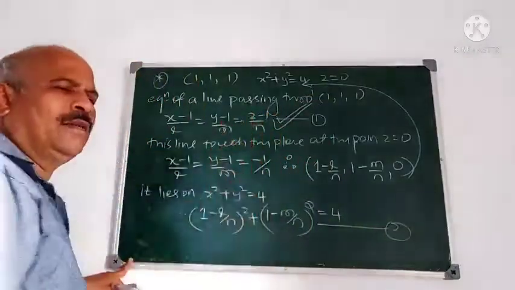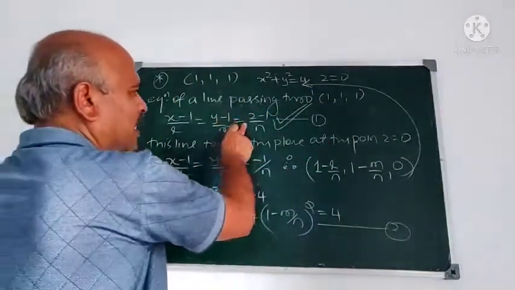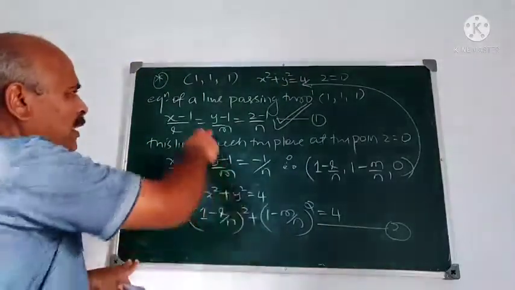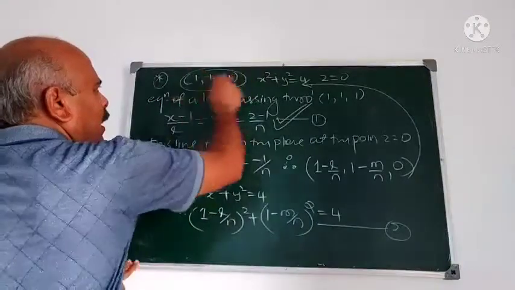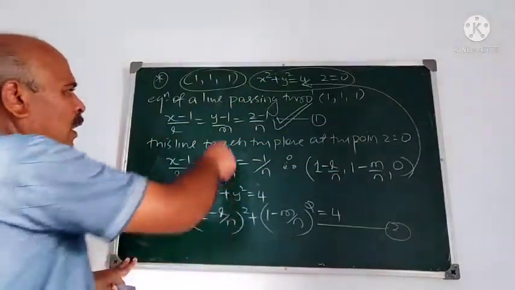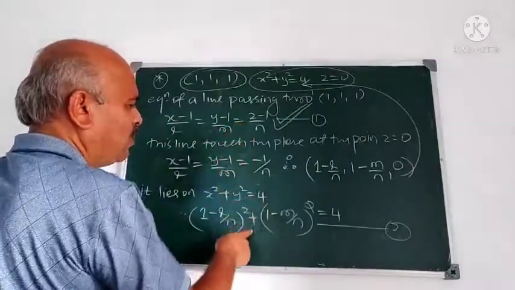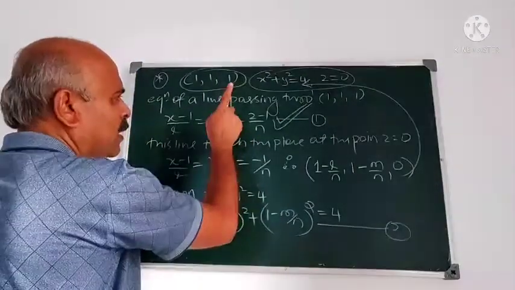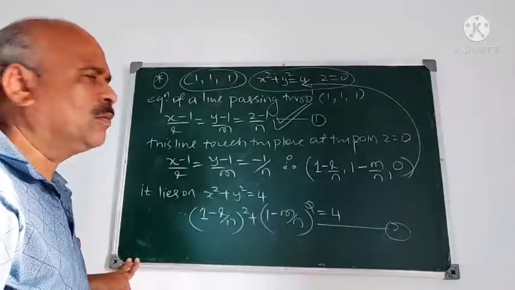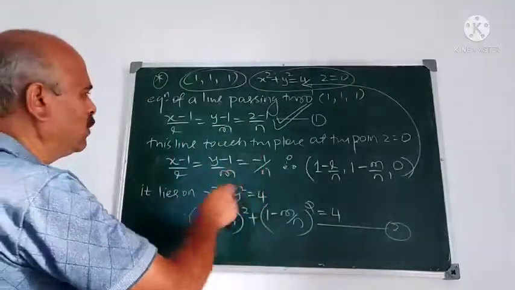This is the generator and the locus of the generator is a cone. Generator means it passes through the fixed point and it intersects this curve, this conic. Now by eliminating l, m, n from 1 and 2, we get the locus of 1 and that is called the equation of the cone. And that will become the equation of the cone.